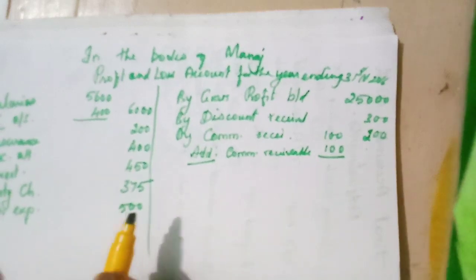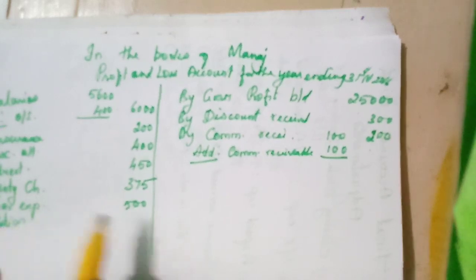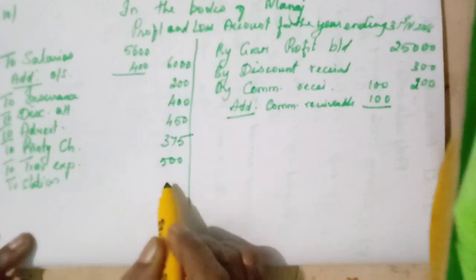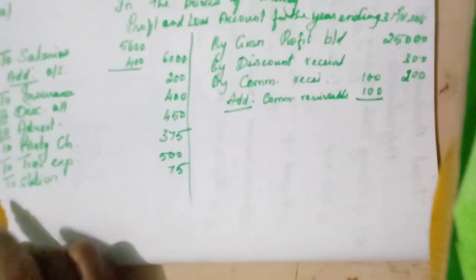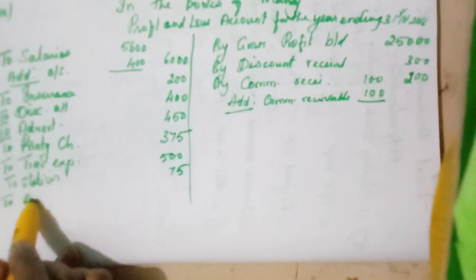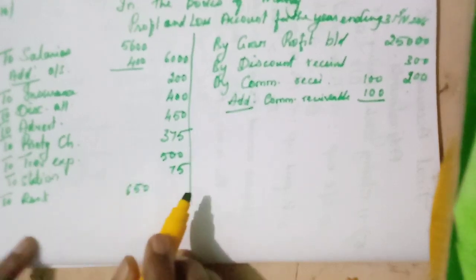Rent paid in advance. Only that one we have to do the adjustment. Stationery 75. Rent we have adjustment, isn't it? Inside we want to write in the inner column 650.